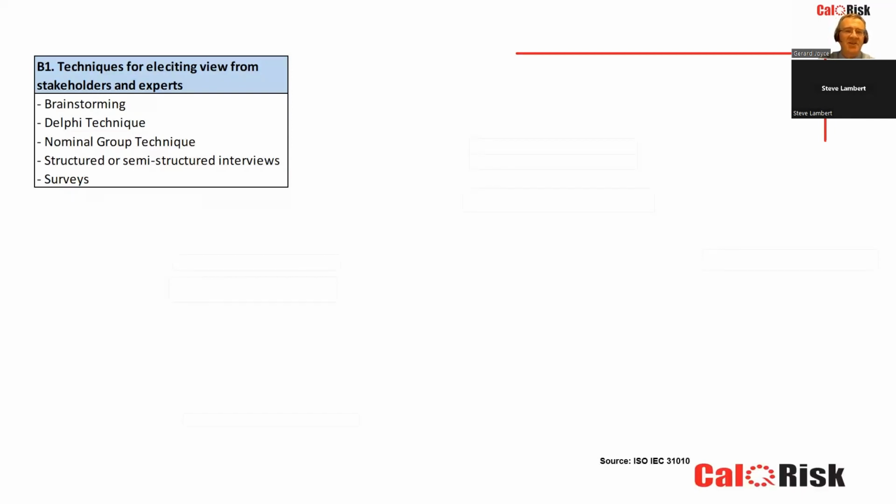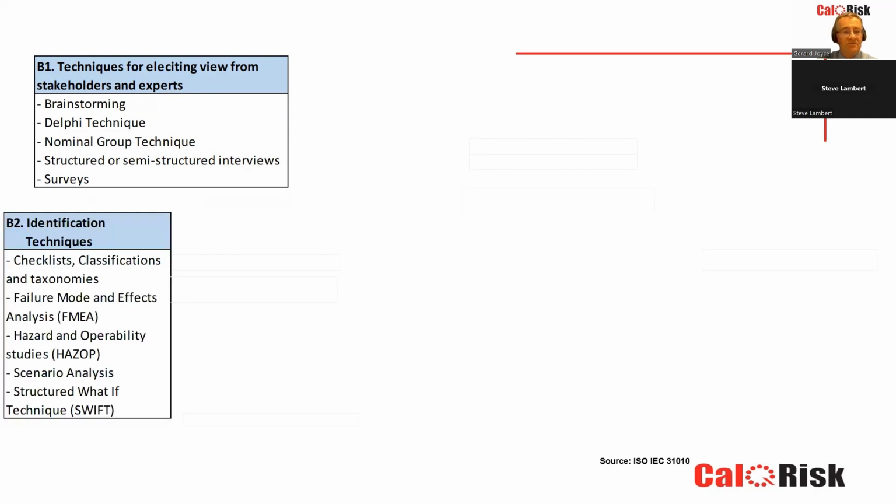The nominal group technique is similar, but it's to cope with maybe a dominant individual that you might have at a brainstorming meeting. So allow people to do the brainstorming privately first and submit them to the meeting. So you start the meeting with everybody's ideas. I'm not going to go through all of these, just giving you a flavor.